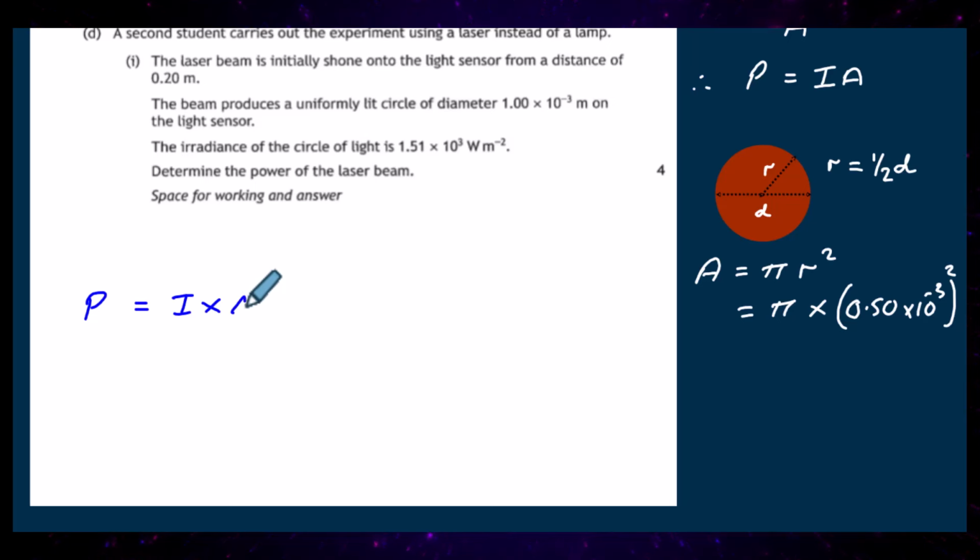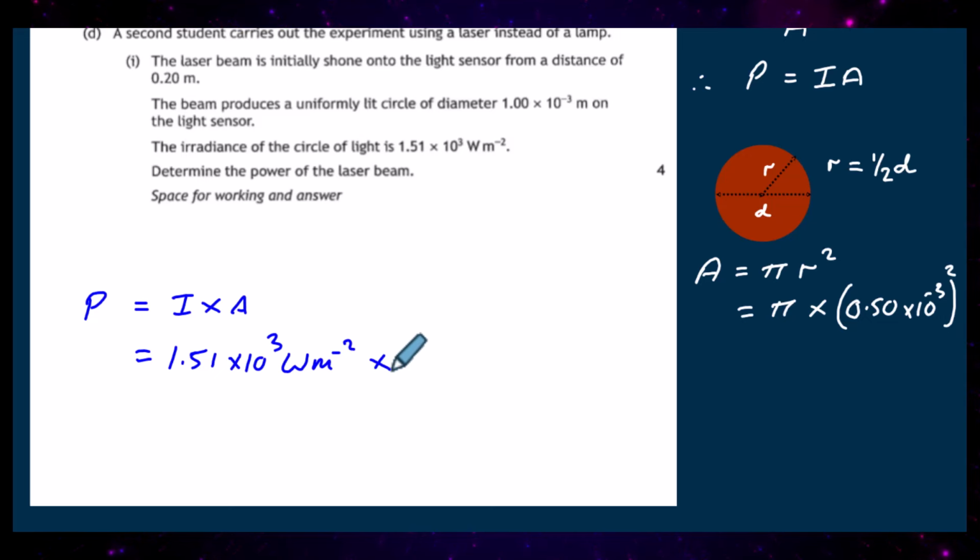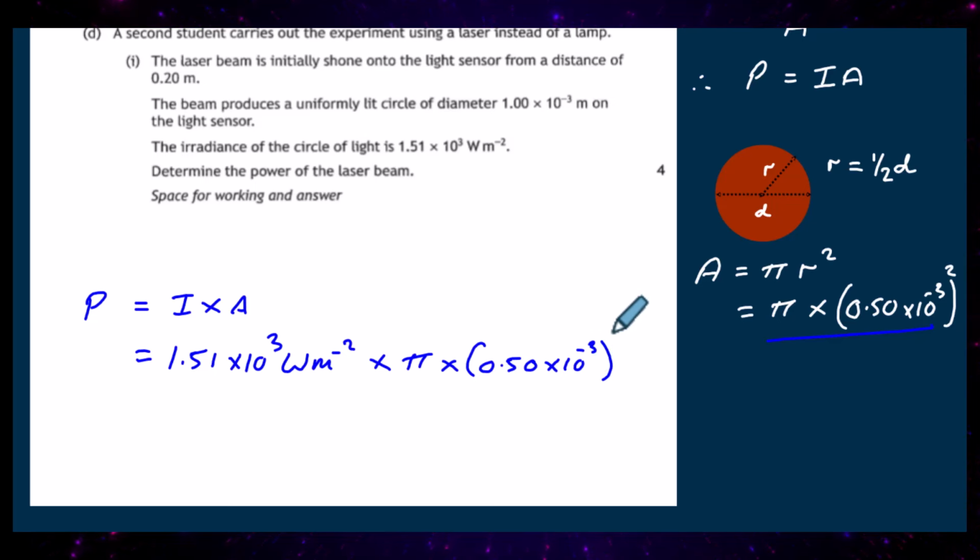The irradiance is 1.51 times 10 to the power 3 watts per meter squared, and we multiply that by the area, which is pi times 0.50 times 10 to the minus 3, and don't forget to square the radius because the area is pi r squared.